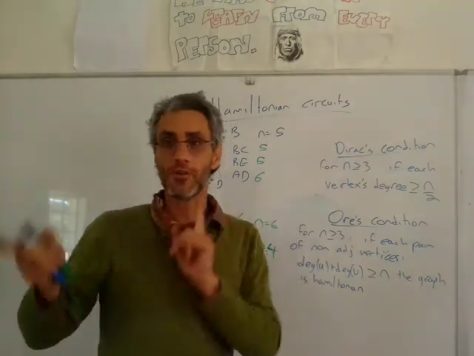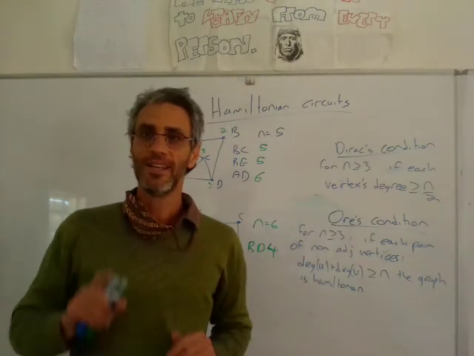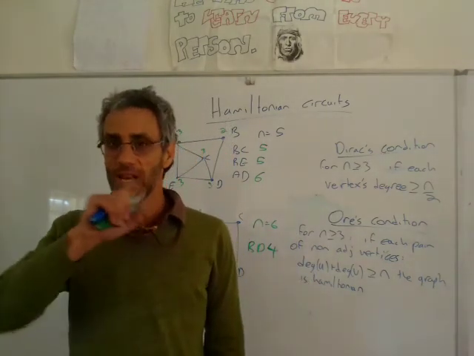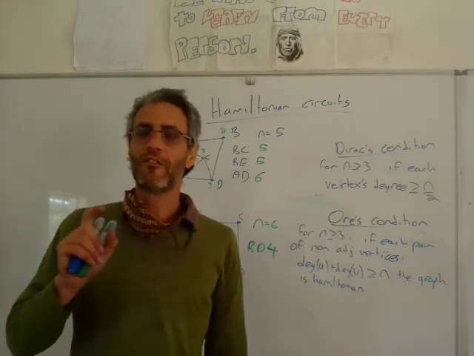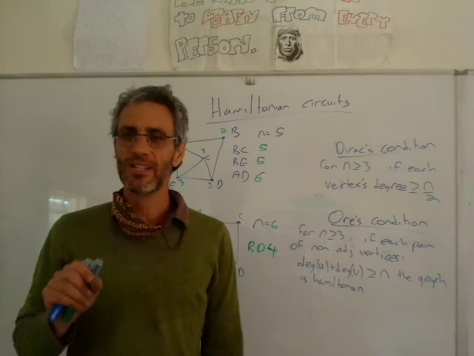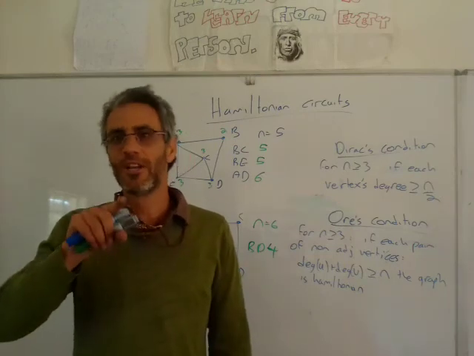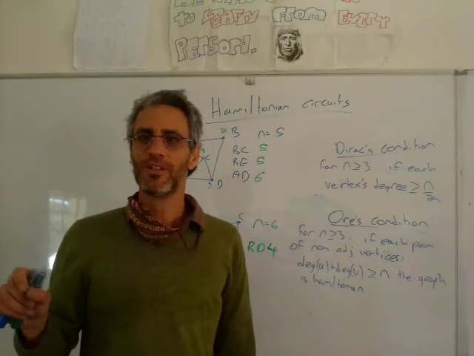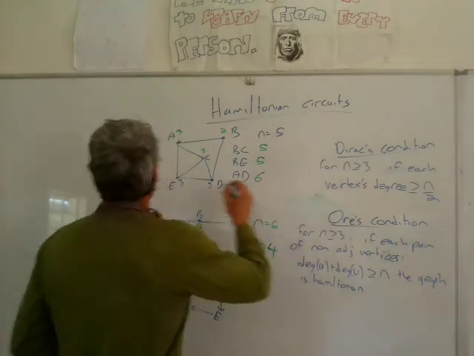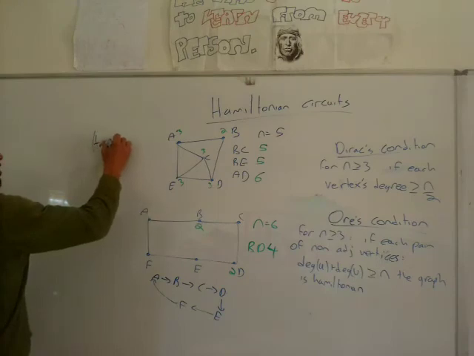When I say a graph is Eulerian, that means it possesses Eulerian circuits. If I say a graph is semi-Eulerian, it means that it does not have an Eulerian circuit, but it has an Eulerian path.